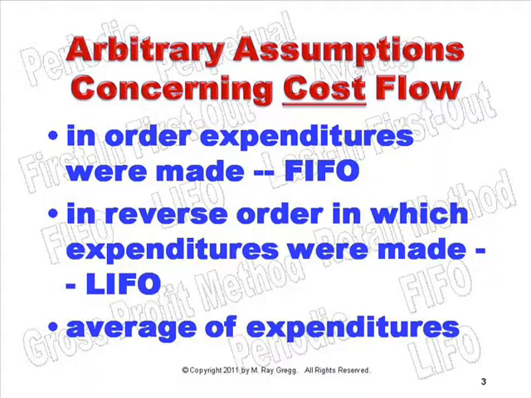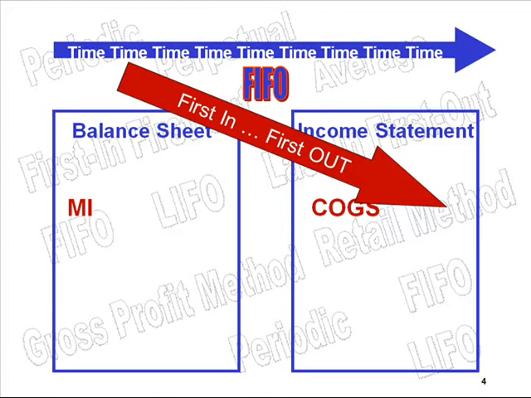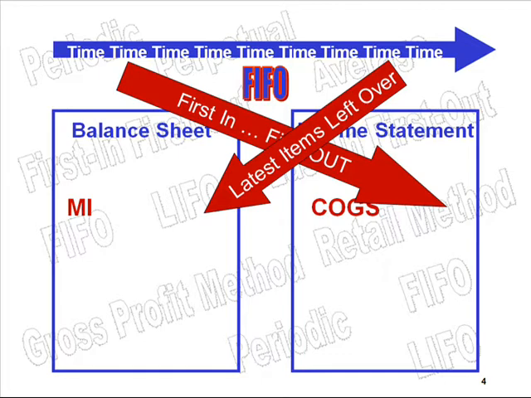In Monday's lecture, we also talked about the assumptions that we make regarding the way costs flow. We talked about FIFO, LIFO, and average as being possibilities that we might use to assign the costs to the inventory. Under the FIFO assumption, the first good in is the first good out and is reflected on the income statement as cost of goods sold, therefore the most recent unit goes to the balance sheet in ending inventory, merchandise inventory.